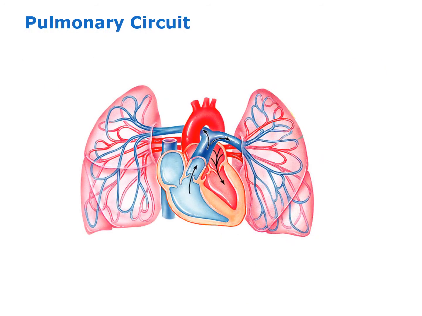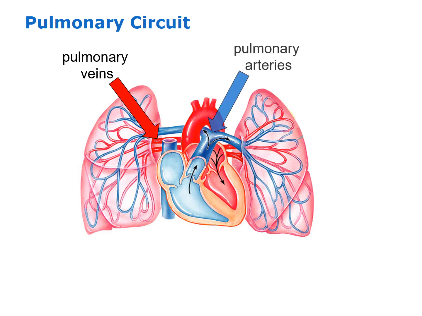The implications of this are that when we are talking about the blood vessels of the pulmonary circuit, the pulmonary veins are going to be the red color-coded blood vessels, and the pulmonary arteries are going to be the blue color-coded blood vessels. I want to emphasize this is only in the pulmonary circuit. So these are going to be the blood vessels that are sending blood to the lungs or bringing blood back from the lungs.